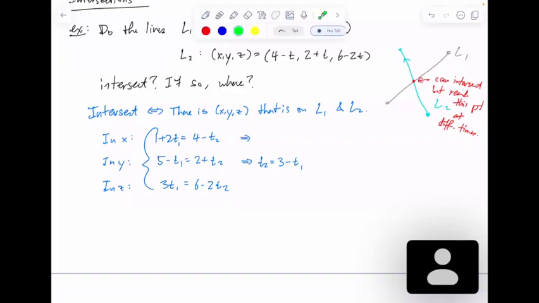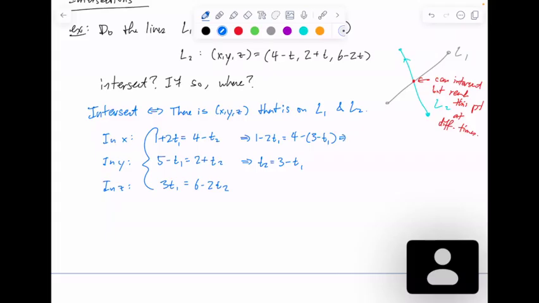And using this fact, I could plug that into any equation I want here. Maybe I'll use this to substitute into here to eliminate t2. So this now reads 1 minus 2t1 is equal to 4 minus (3 minus t1), right?